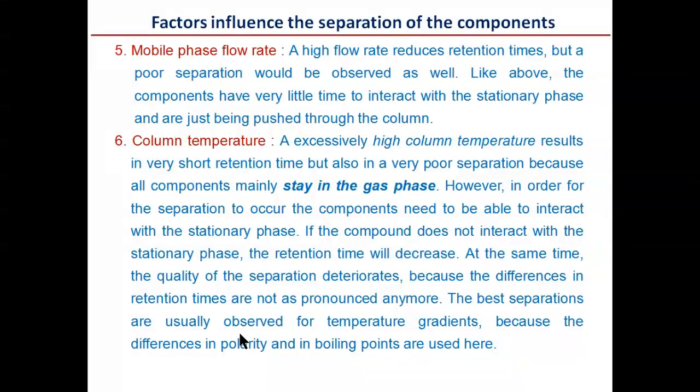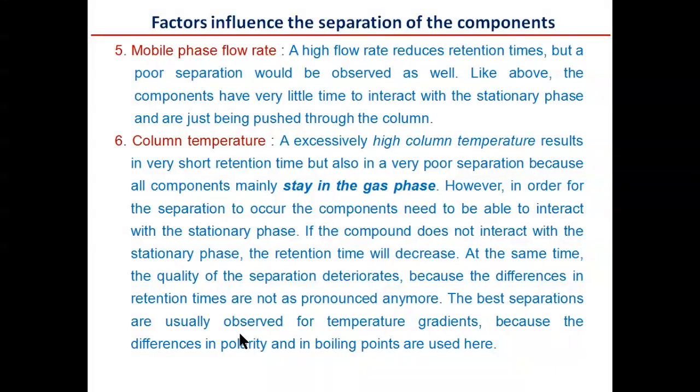But poor separation would be observed as well because of the fast flow rate. Because of the increase in the flow rate, poor separation would be observed. The components have very little time to interact with the stationary phase, and hence we can observe very poor separation between the components of the mixture, just being pushed through the column or the stationary phase.